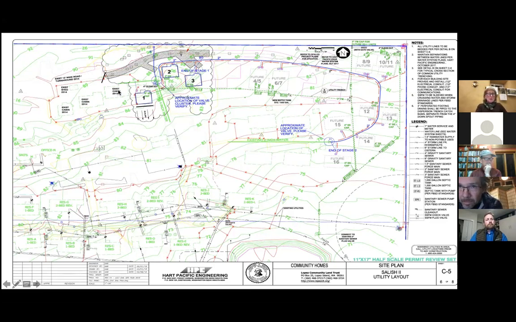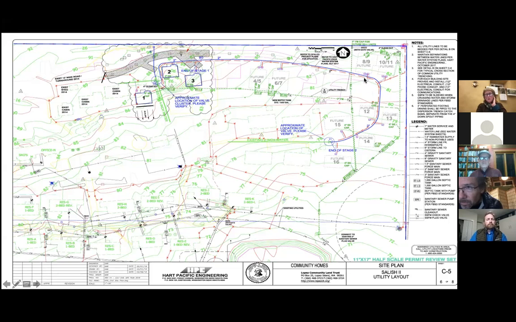I'm showing you this because it points out a little bit again, here, this right here is a water system. And you can see, well, we're only really going to here. It says end of stage 1, and there's a blow off right there. And then we've got another blow off here on the water system.